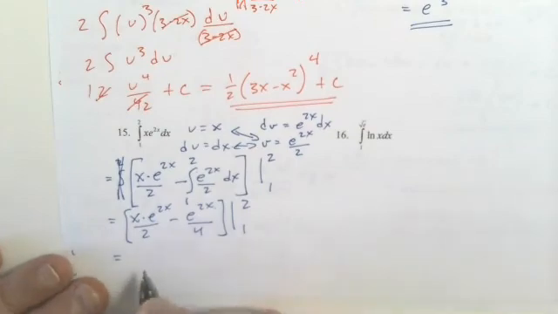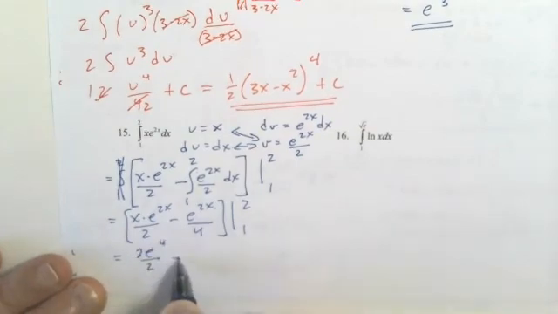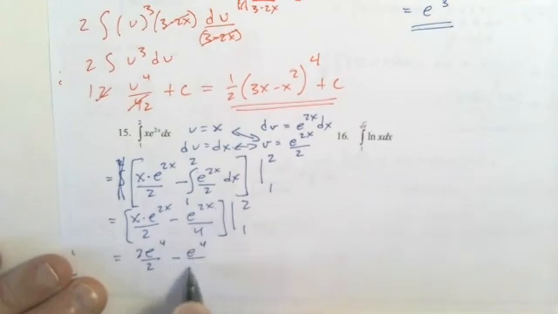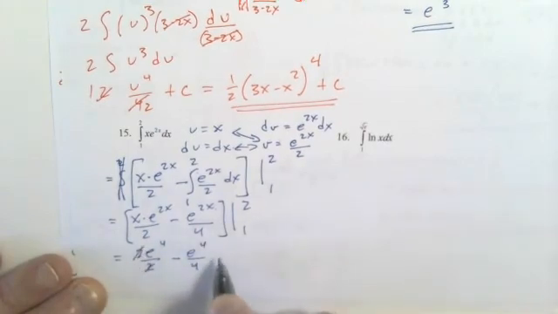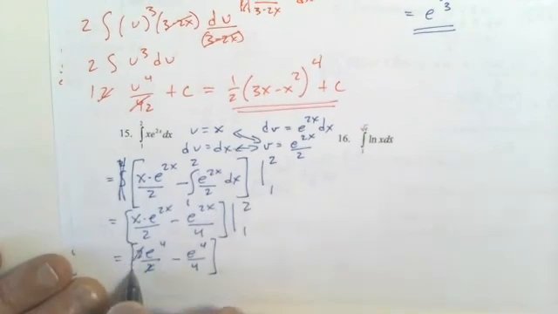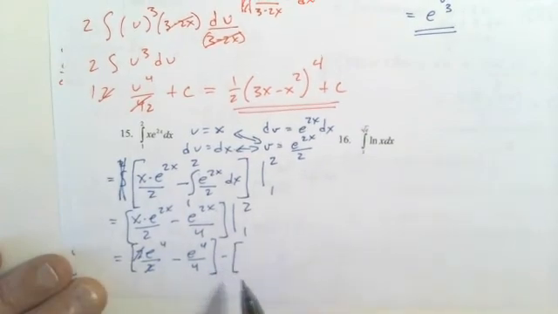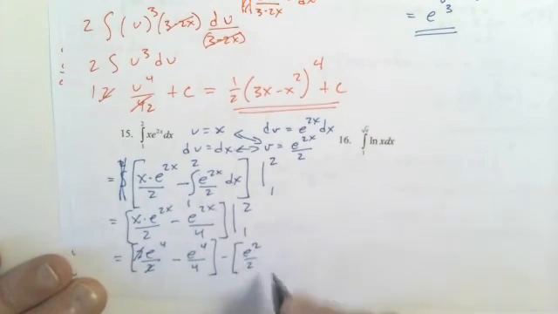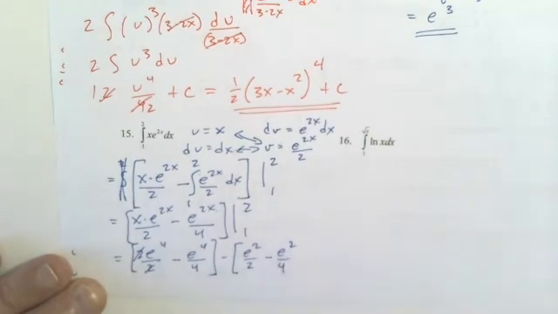So what do we got here? 2 e to the fourth over 2 minus e to the fourth over 4 minus e to the 2 over 2, do not cancel those, minus e to the 2 over 4.